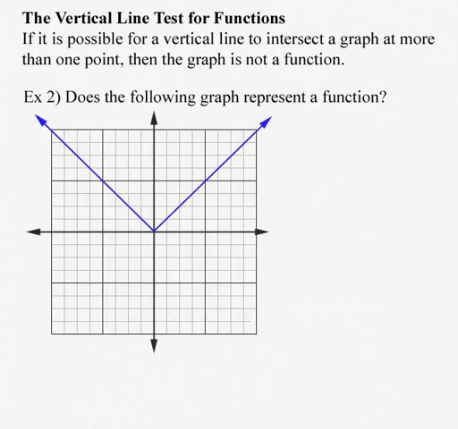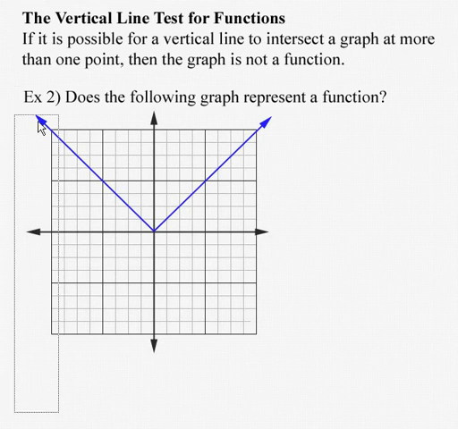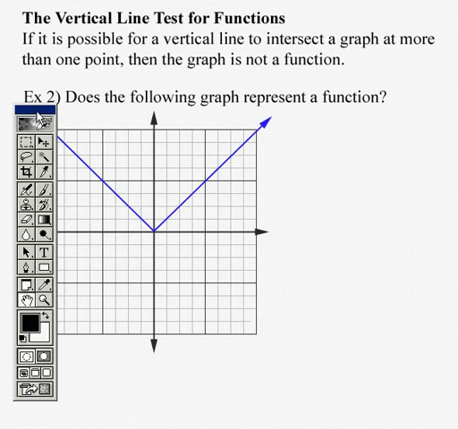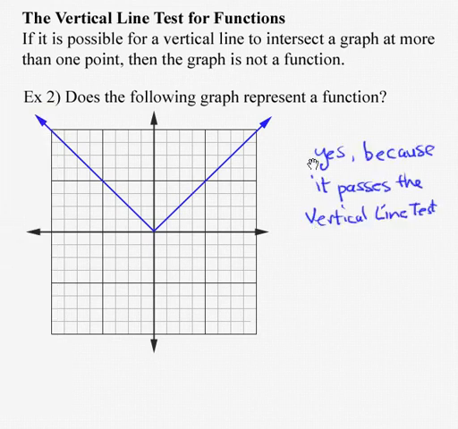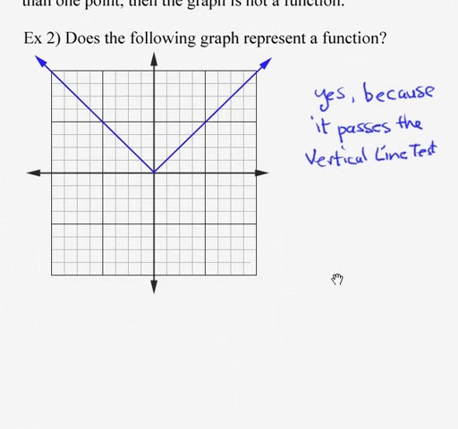So think of every vertical line. Let's just take the edge of this tool palette and move it from left to right across the graph. And as we do, we see in the little ghost shadow that every conceivable vertical line only hits the graph at one particular place. And since that's true, then yes, this particular graph represents a function.